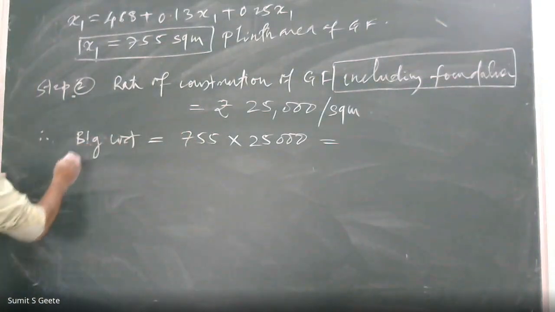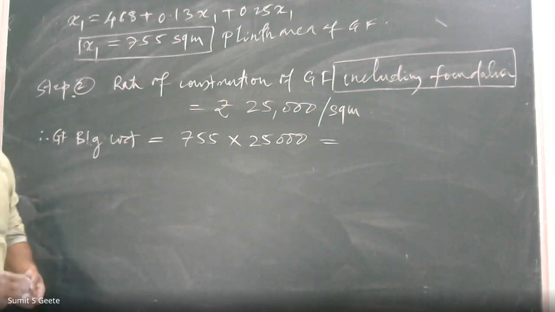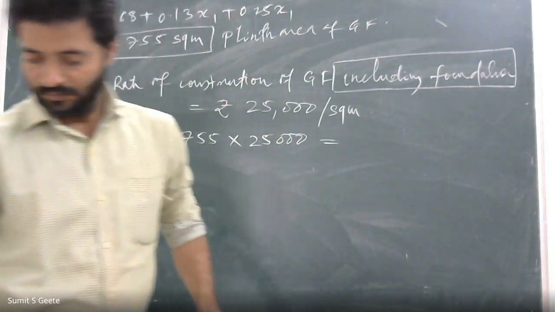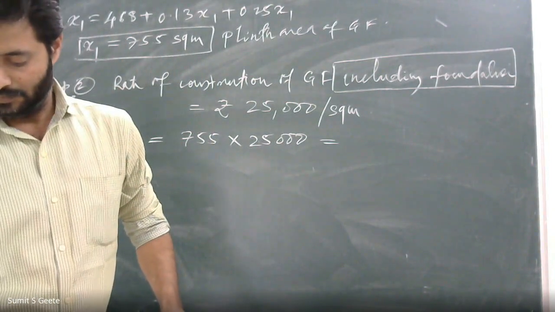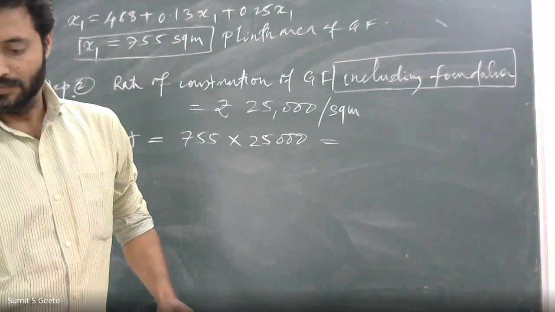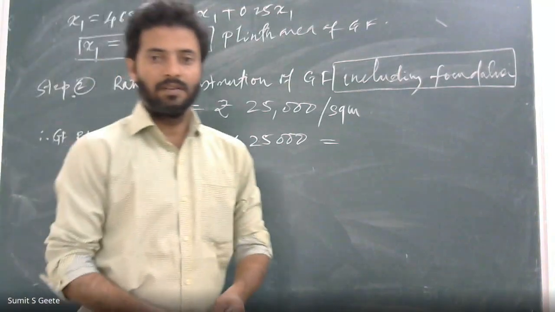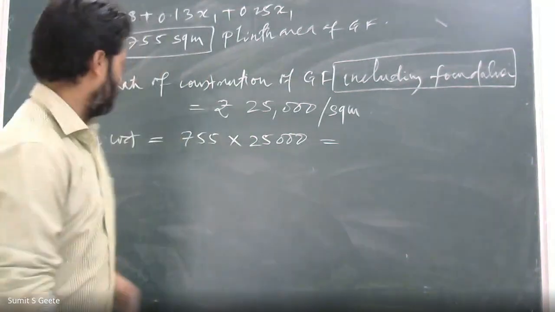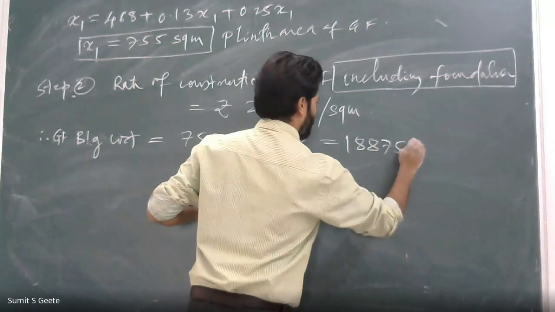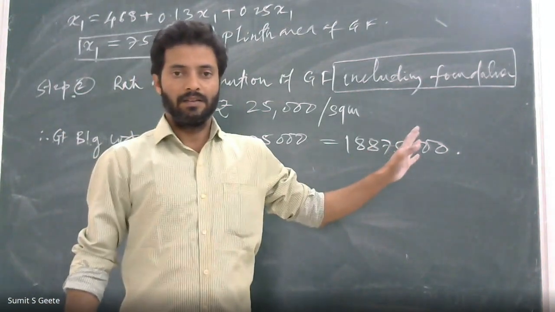Ground floor building cost is 18,87,500. So this is 18875 (in thousands). Is it fine? Okay?